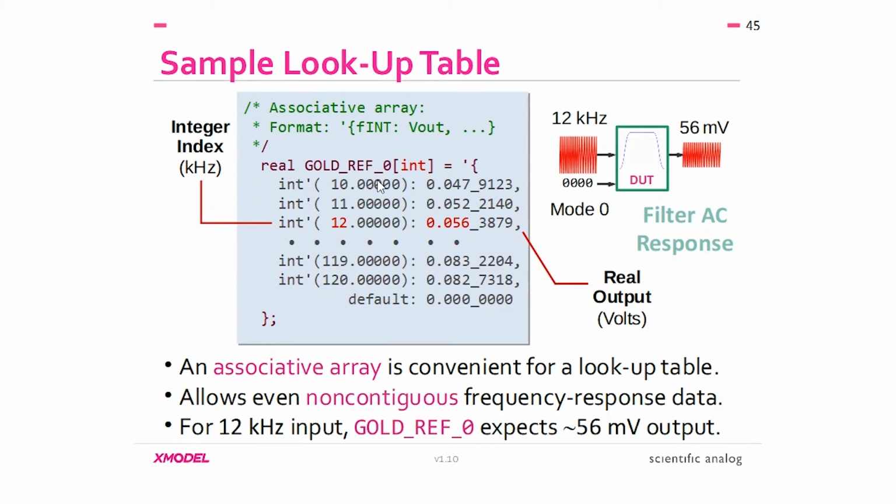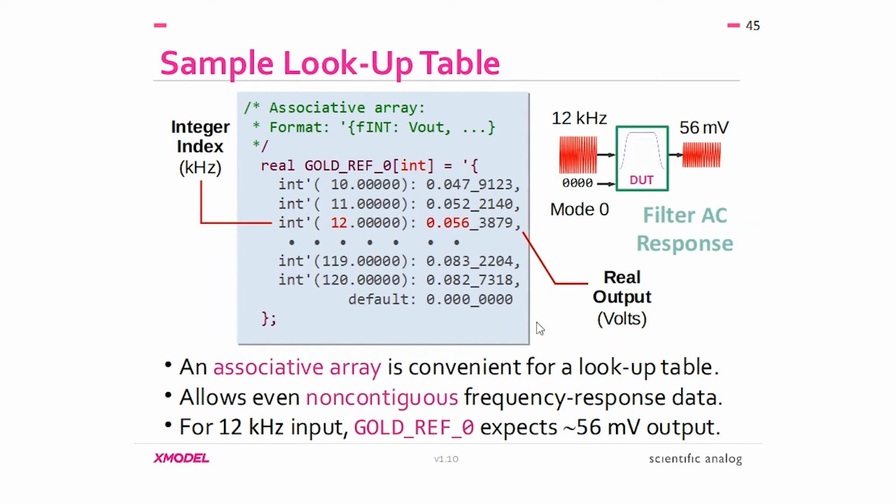And so here the key is an integer frequency in kilohertz, and the value is a real voltage expected to be output by the DUT. So for example, for an input frequency of 12 kilohertz in mode 0, the DUT is expected to output a sinusoidal amplitude of roughly 56 millivolts.